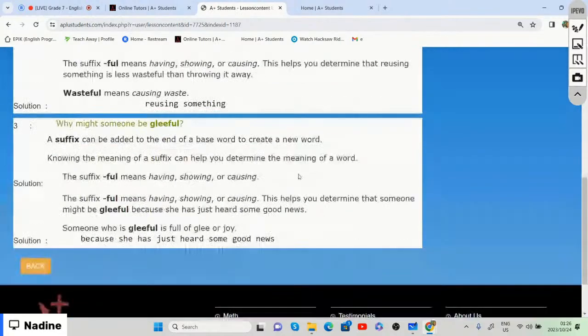And why might someone be gleeful? Gleeful. So why do you think someone might be gleeful? And we say the suffix full means having, showing, or causing. And this helps us to determine that someone must be gleeful because she has just heard some good news.